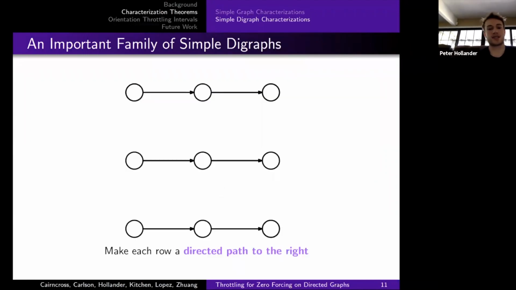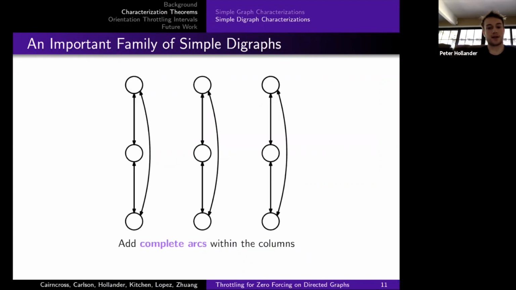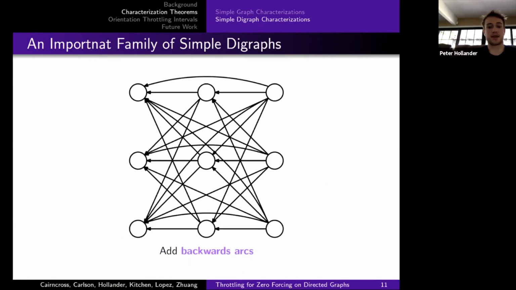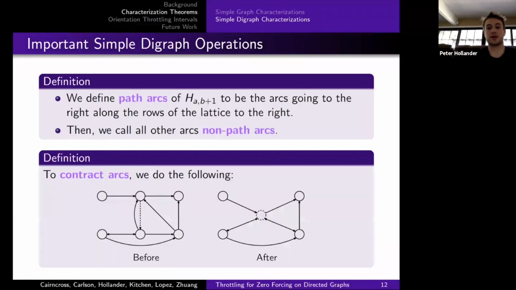So we're going to construct an example of this going step by step. First, using a 3 by 3 lattice, we're going to make each row a directed path going to the right, and then we add complete arcs within every column. And then lastly, we're going to add a bunch of backwards arcs wherever we have not yet created an arc. And so when we combine these 3 steps, we create that graph HAB plus 1.